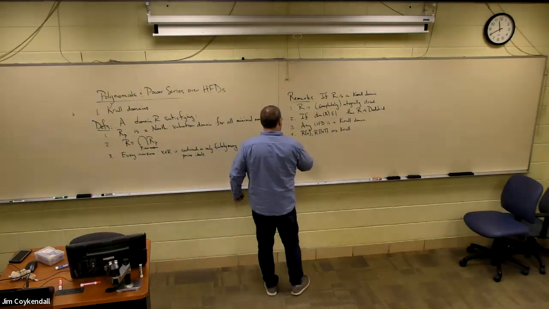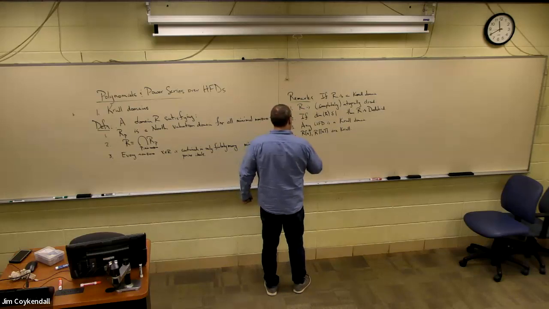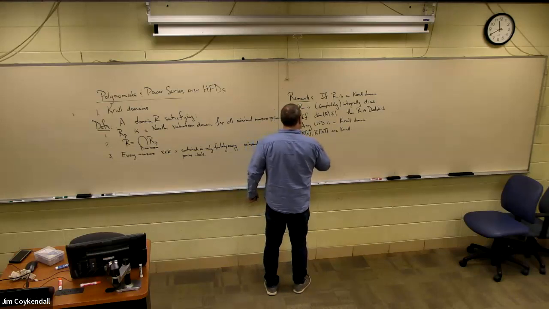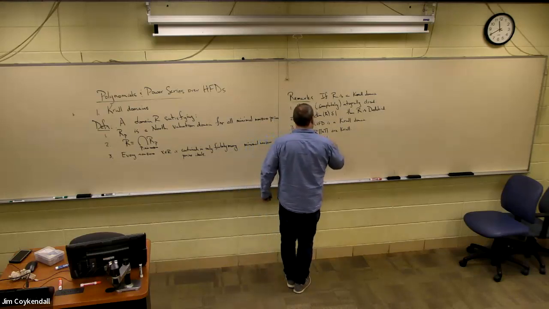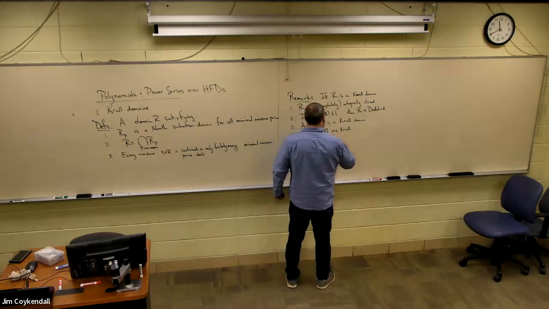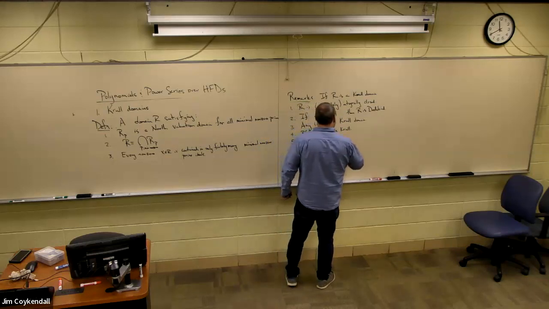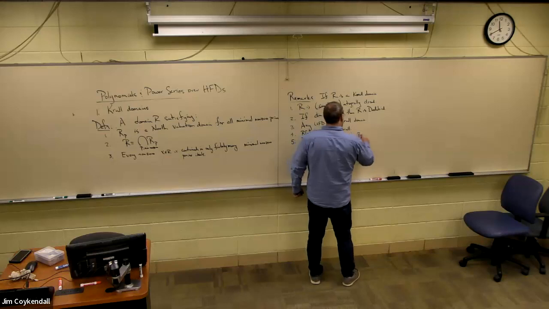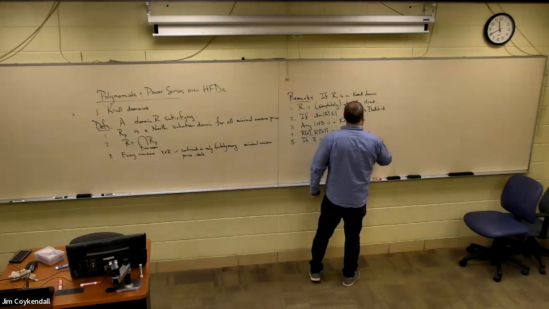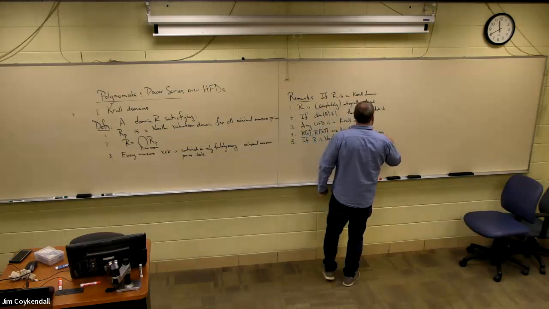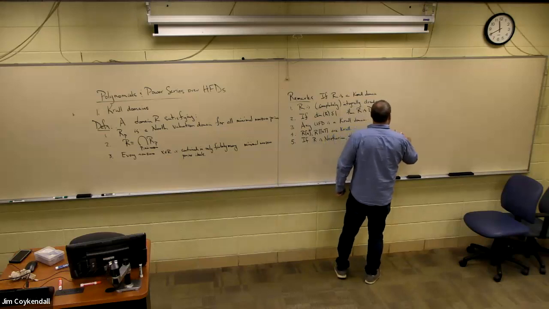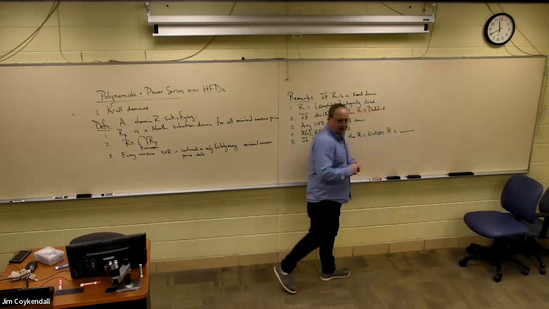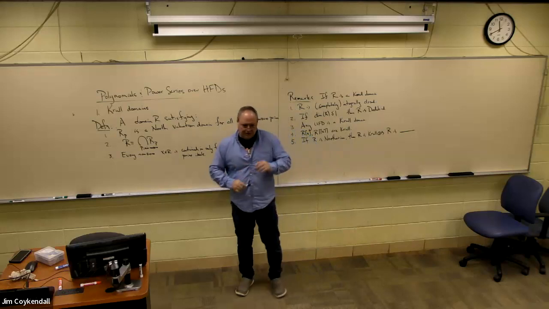Speaking of Noetherian, this will be used for later. If R is Noetherian, then R is a Krull domain if and only if R is, I know the characterization, this is probably not easy to see.